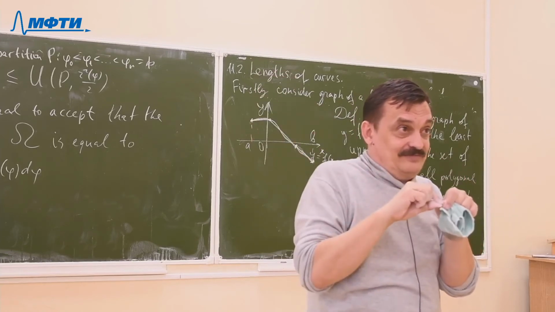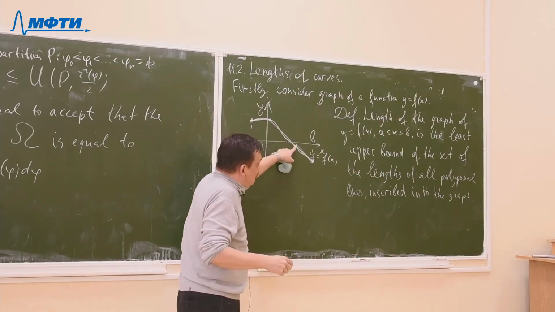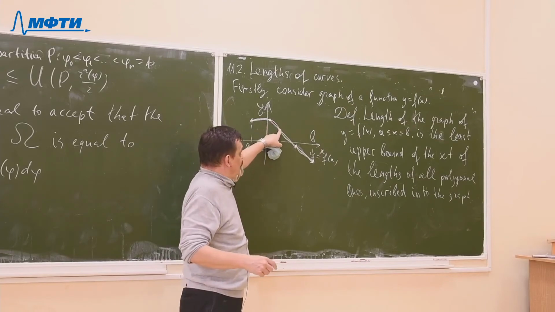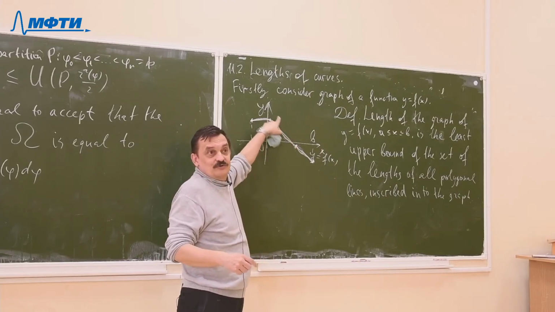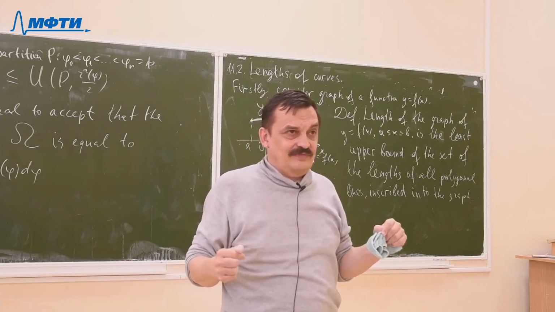So obviously, the length of a straight line is less than the length of an arbitrary path which connects those points. Is it clear?